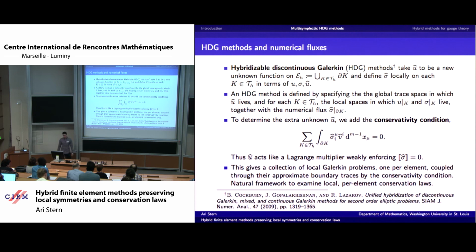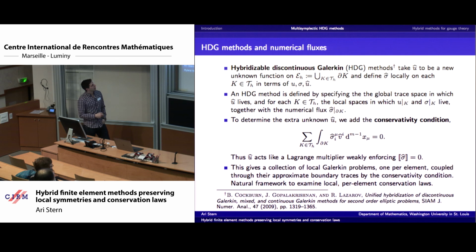And as with other hybrid methods, this gives a collection of local Galerkin problems coupled through these approximate boundaries. And the nice thing about this approach is that depending on how you define the spaces that everything lives in and the sigma hats, you can recover a whole load of different types of methods.